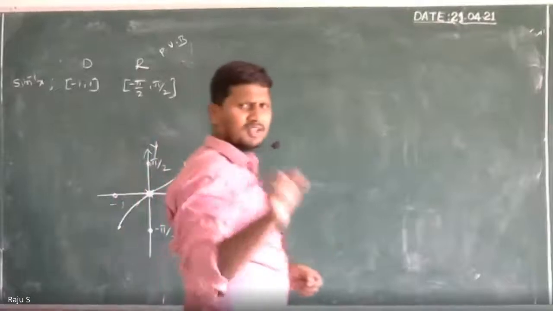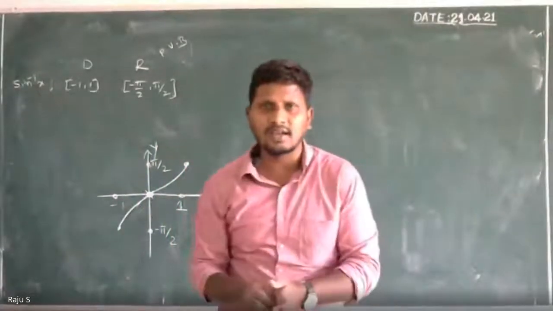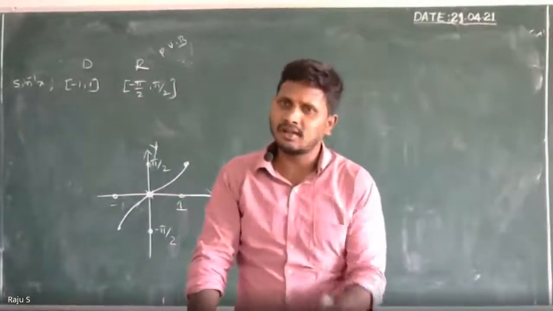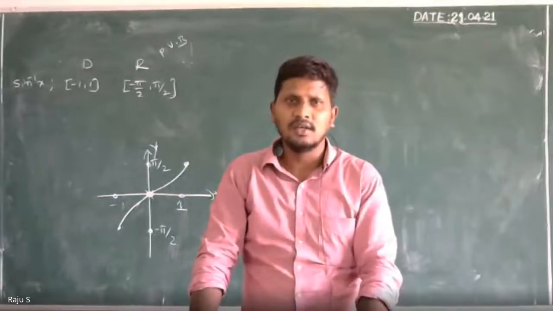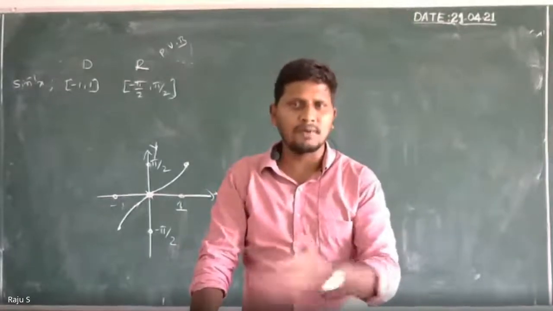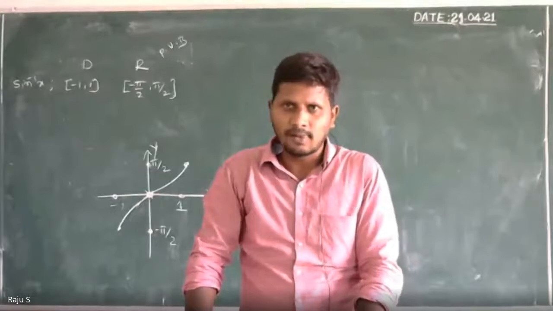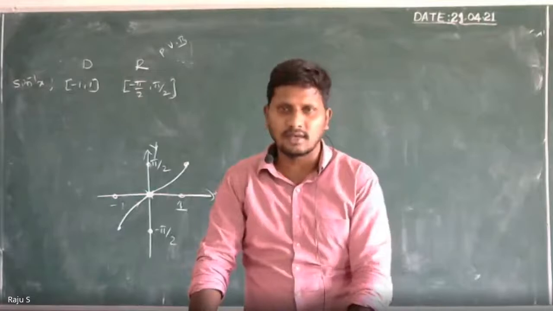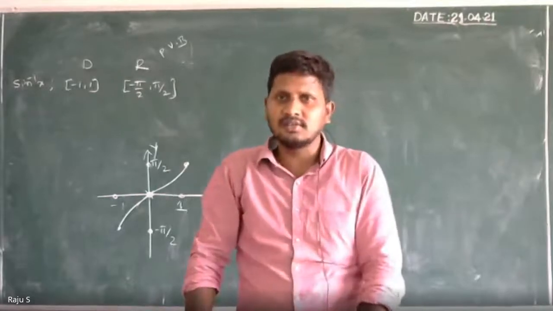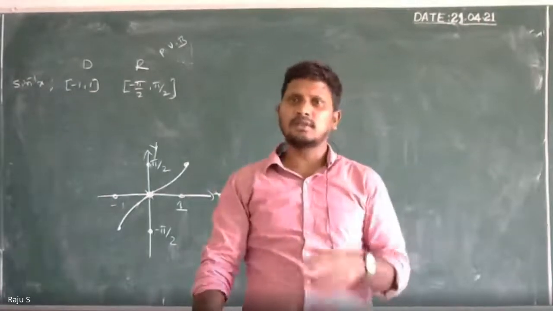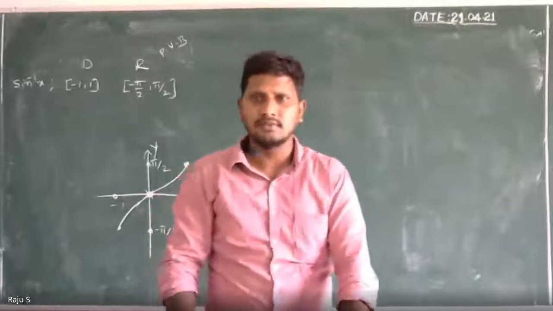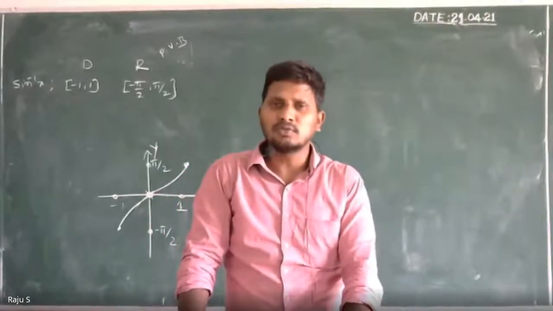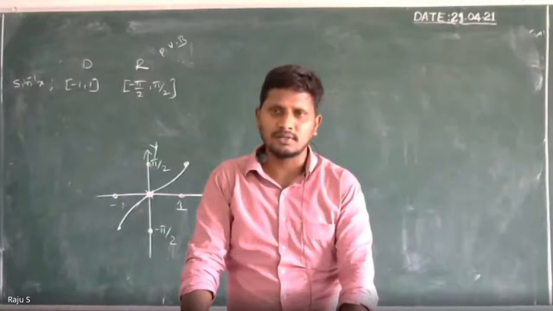This is a very small chapter. If you start directly with the exercise, it will take just 2 to 3 periods to complete the chapter. For NCERT purposes, the first exercise will take just 2 periods, the second exercise maybe 2 to 3 periods. Almost 4 to 5 periods we can easily complete.